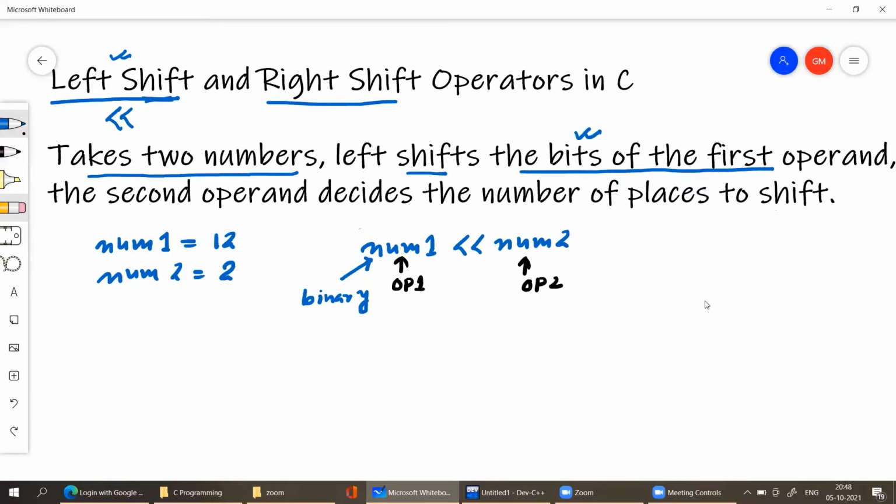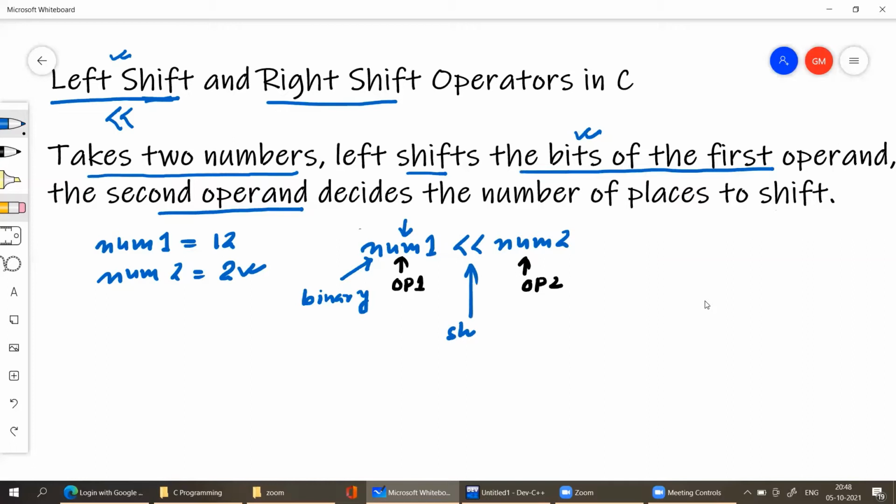The shift amount is decided by the value of the second operand. So if the second operand is 2, all the bits of the first operand will be shifted by 2 positions towards the left.